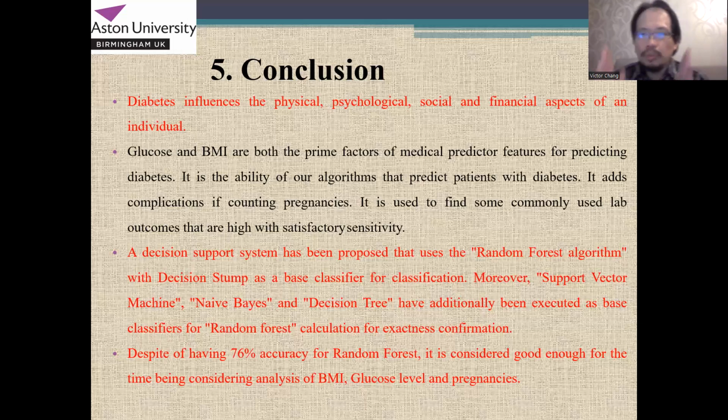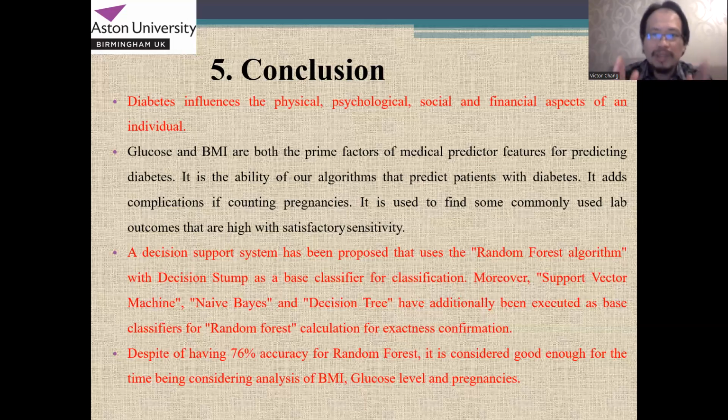What we have observed is that while dealing with some complications involved with a sudden change in glucose and BMI, or maybe pregnancies, maybe random forest will be more consistent. However, if the patient is under normal circumstances, if you never have diabetes, then of course other models may be more suitable, such as support vector machines and decision trees that we have shown and demonstrated in the slide.